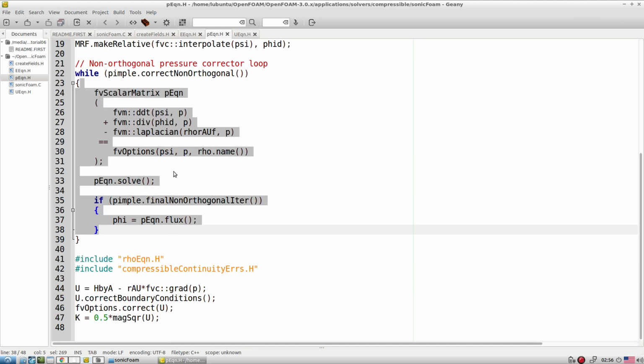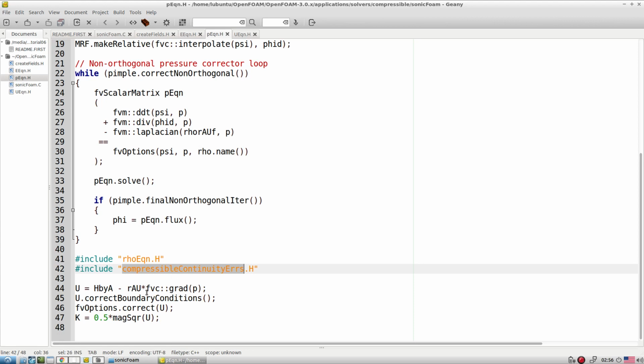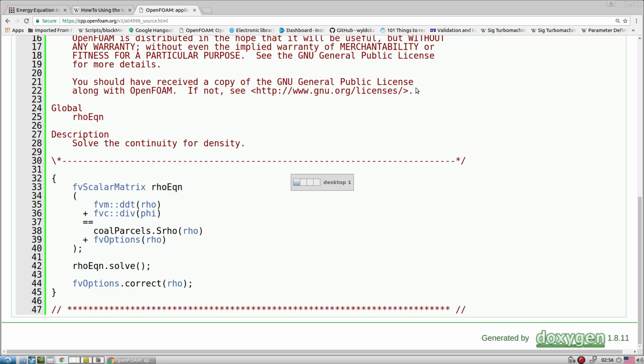So you can look at here, and as well as here you will see compressibleContinuityErrs.H. With the help of that we can quantify the continuity error for the compressible class of solvers.